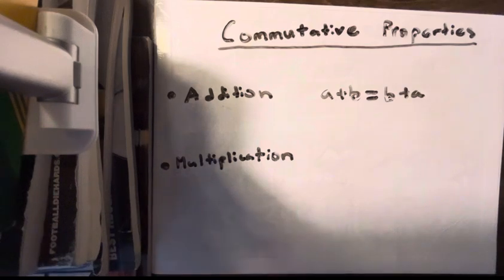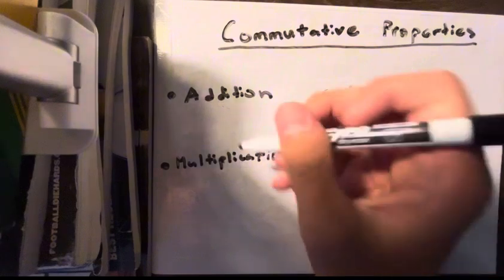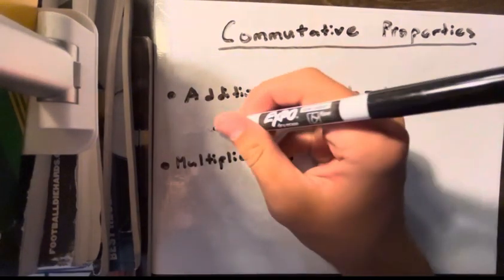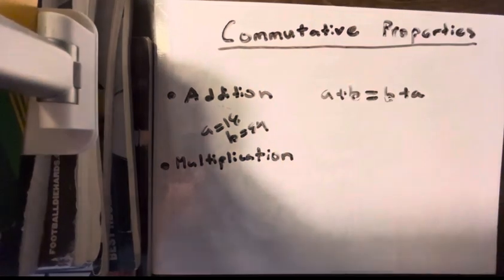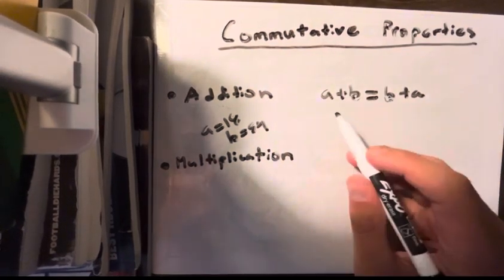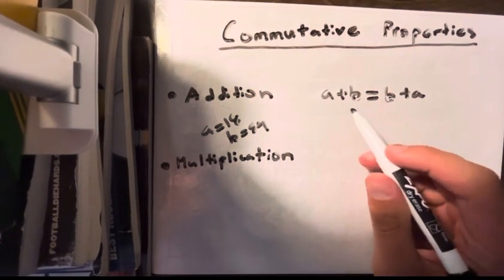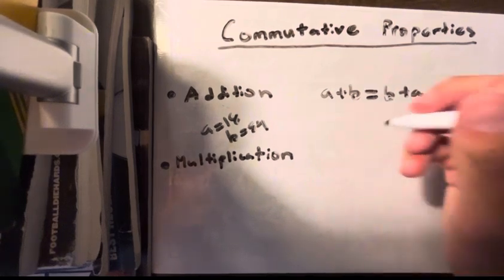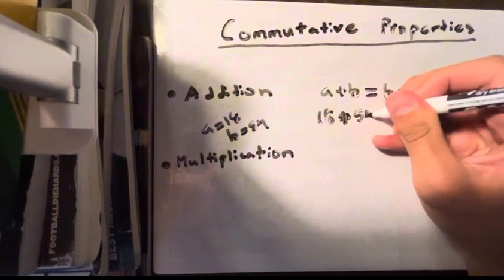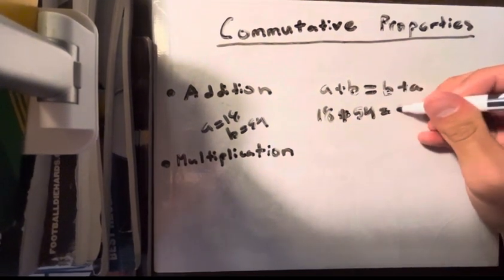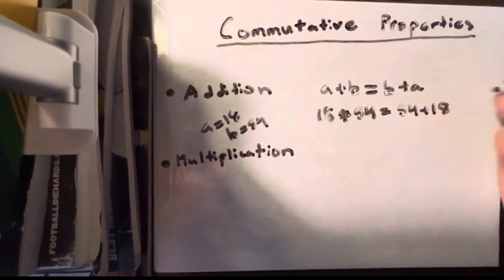So, for example, let's say a equals 18, b equals 54. Just plug in a to both sides and plug in b to both sides. So we have 18 plus 54 equals 54 plus 18.